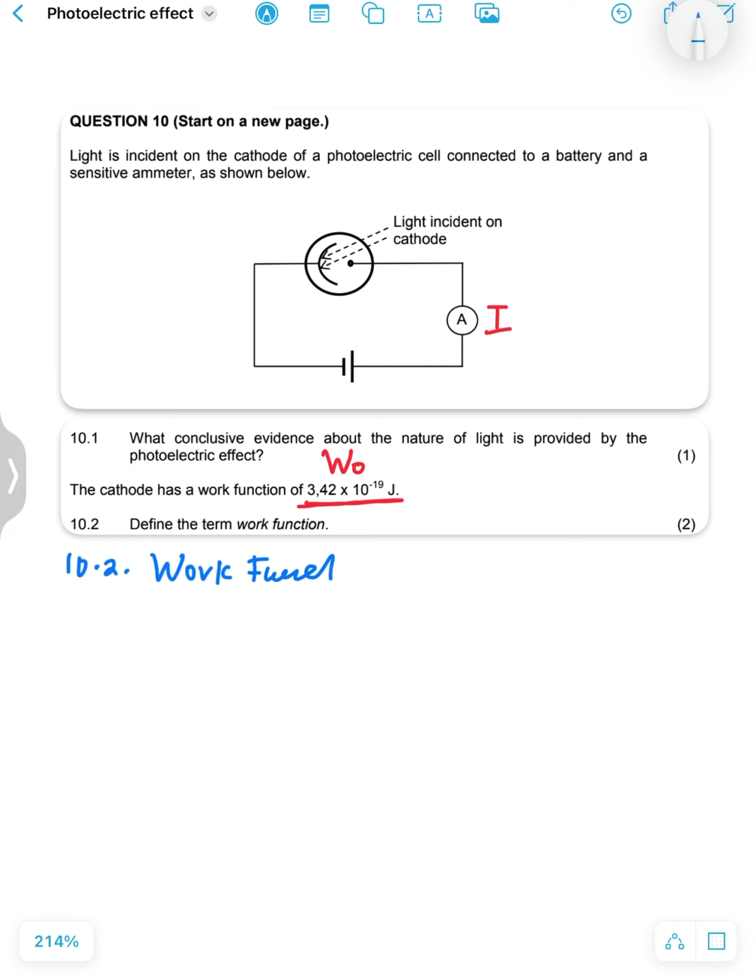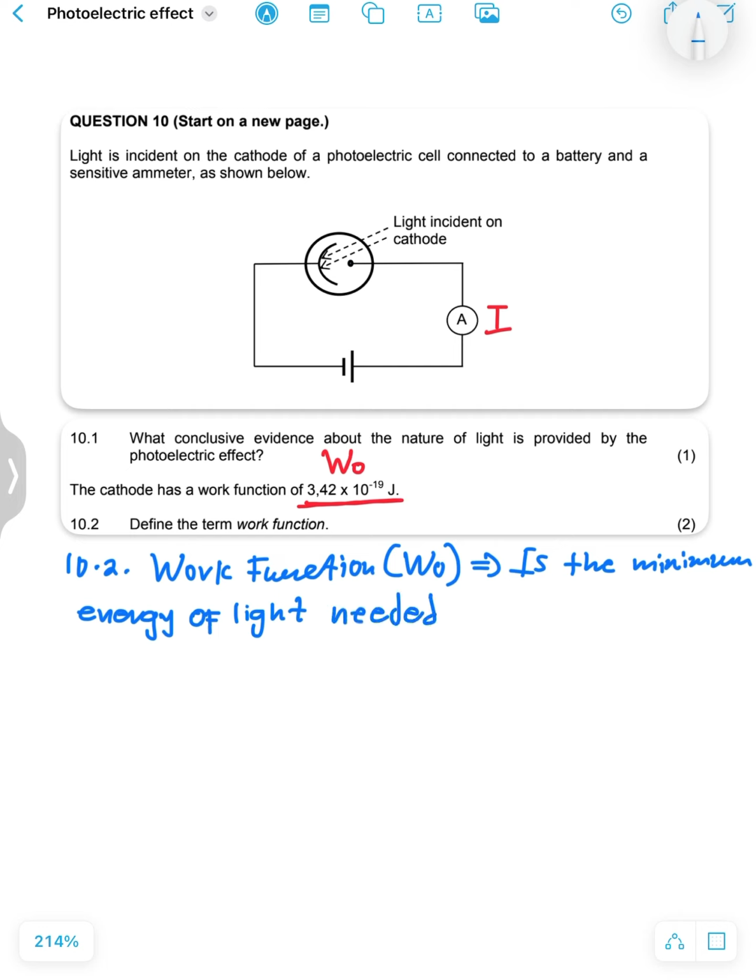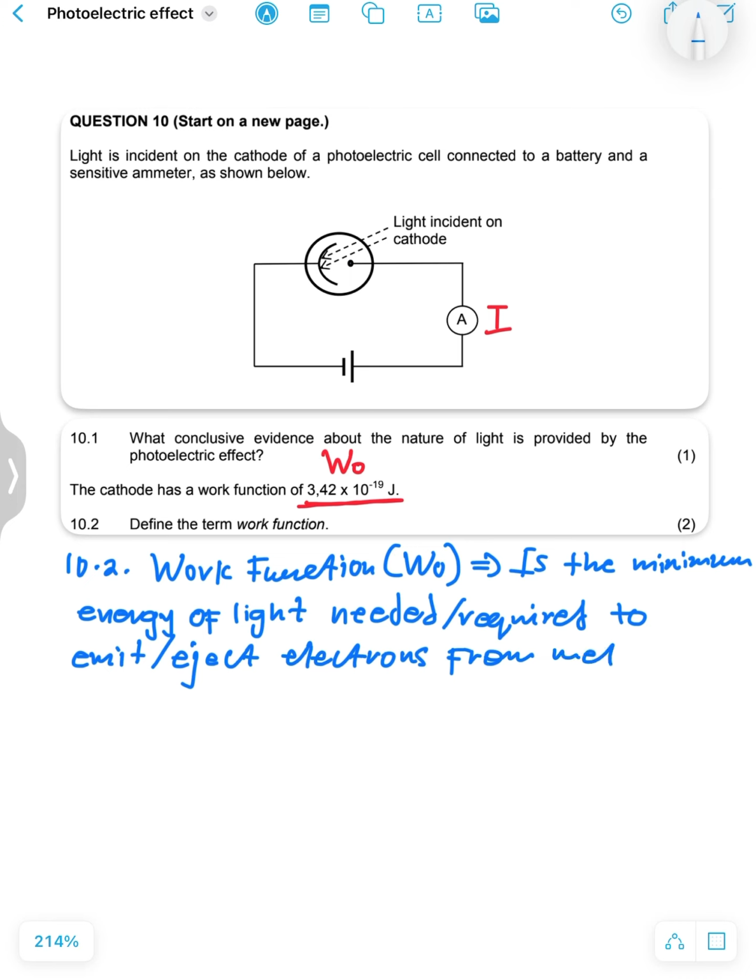Work function is the minimum energy of light needed or required to emit or eject electrons from the metal surface.